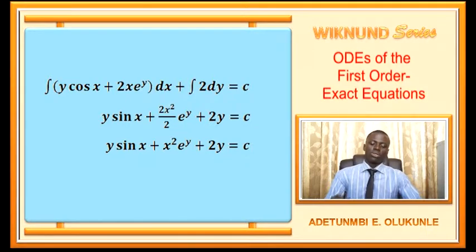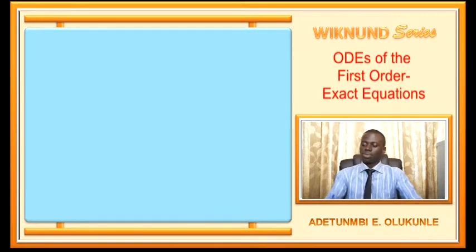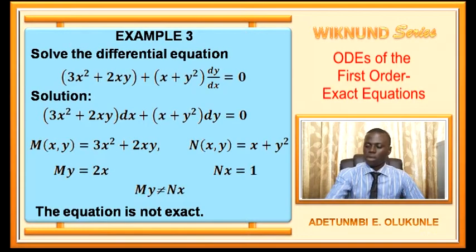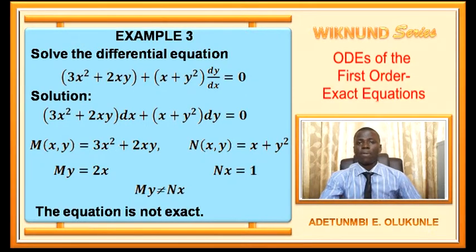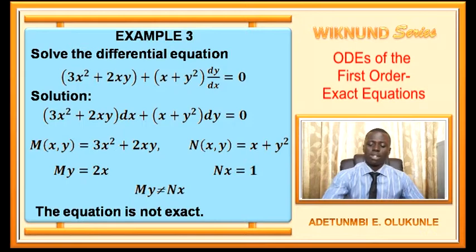Now let's look at the third question. Solve the differential equation (3x squared plus 2xy) plus (x plus y squared) dy dx equals 0. To assume the differential form, multiply through by dx.